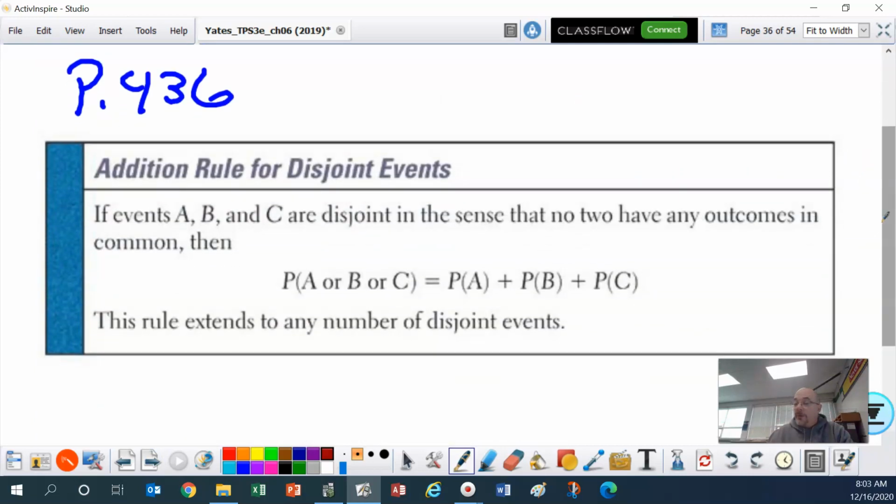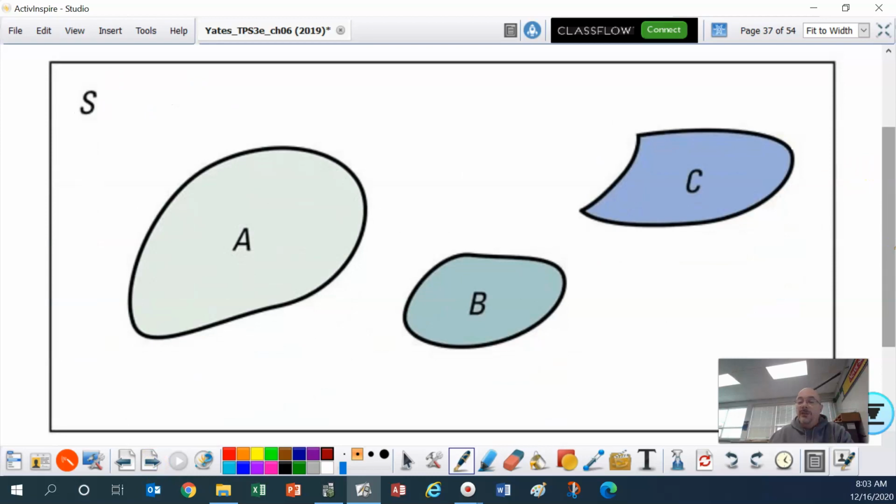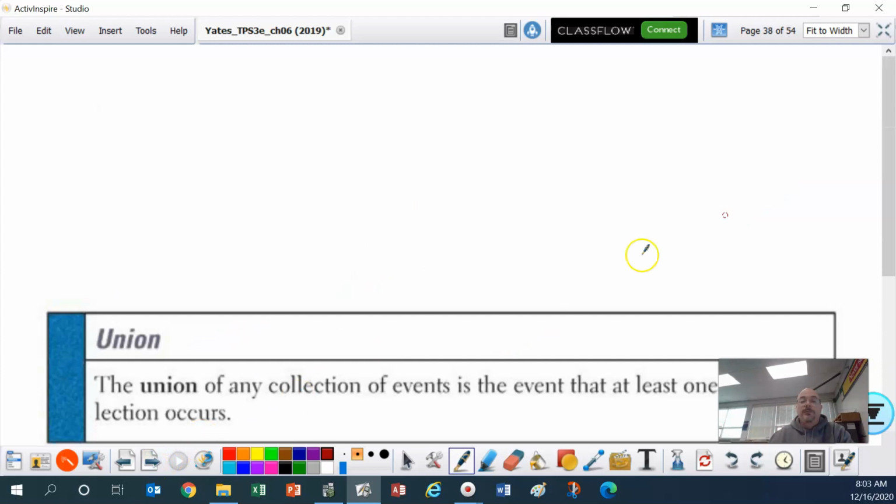Disjoint events, remember, you can simply add those together. Disjoint events have nothing in common, so therefore you can add those together. Also known as mutually exclusive. Here's an example. They do not share anything. These are mutually exclusive. They are disjoint.